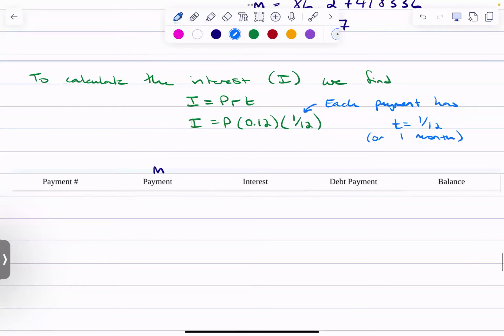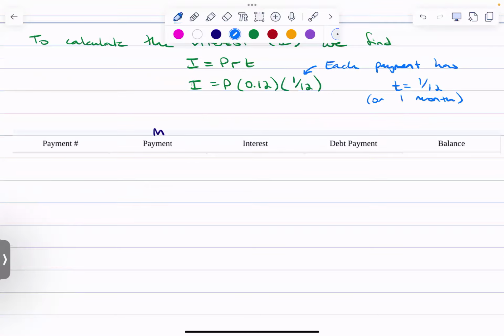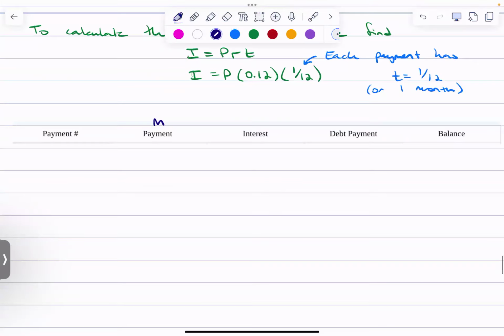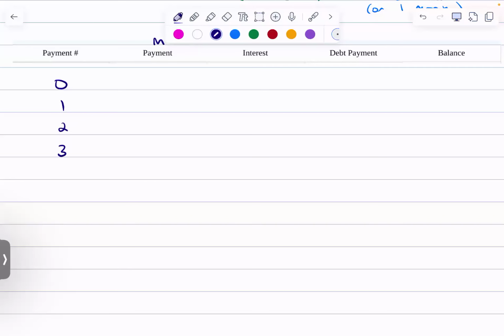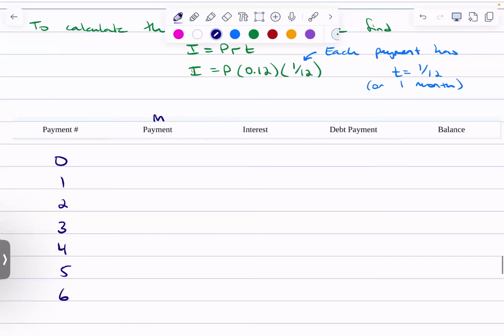So maybe let's do this. We'll say the payment, I'll start with a 0. I probably should have done that in the first table, got carried away. But then the first month, second month, third month, fourth month, fifth month, sixth month. Because it'll be the entirety of the loan.